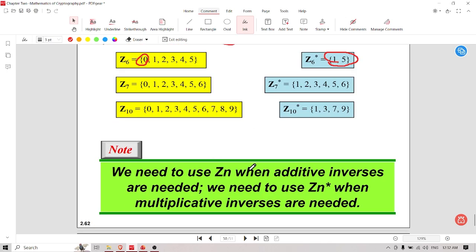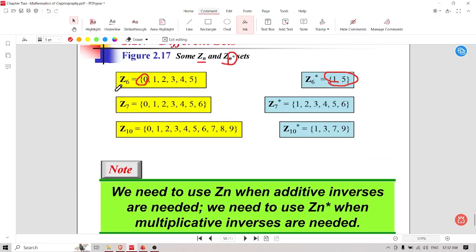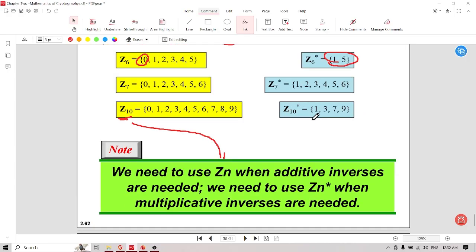So we need to use Zn when additive inverses are needed, and we will use the set with asterisk when the multiplicative inverses are needed. That's why we have no 0, because at that time 0 will give us 0, and we will need GCD of 1 always.